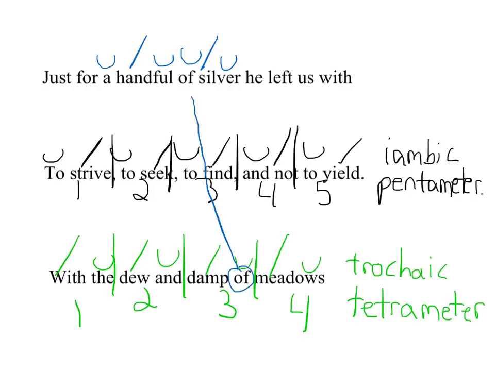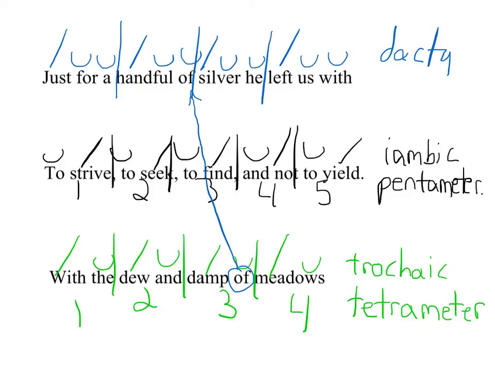So we can see the pattern. Good. Hopefully we can figure out the rest. And we're left with dactylic tetrameter.